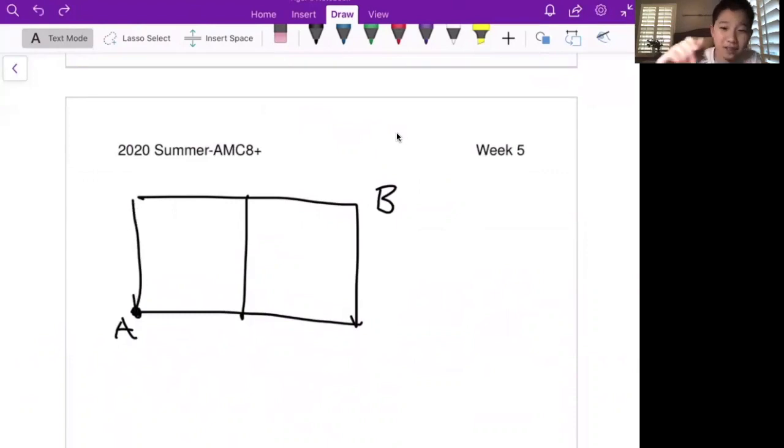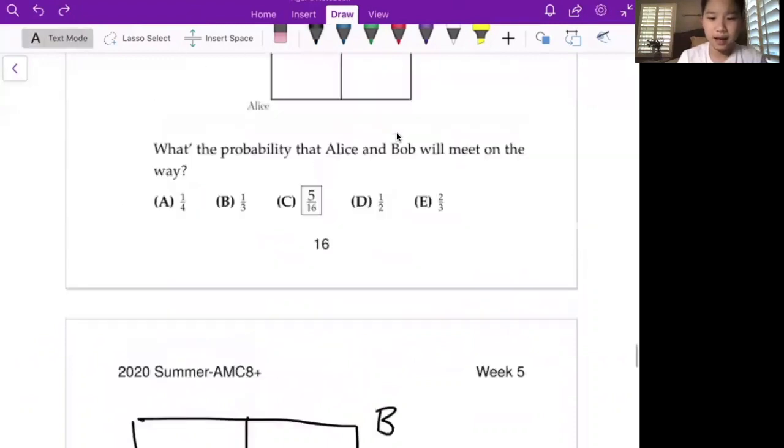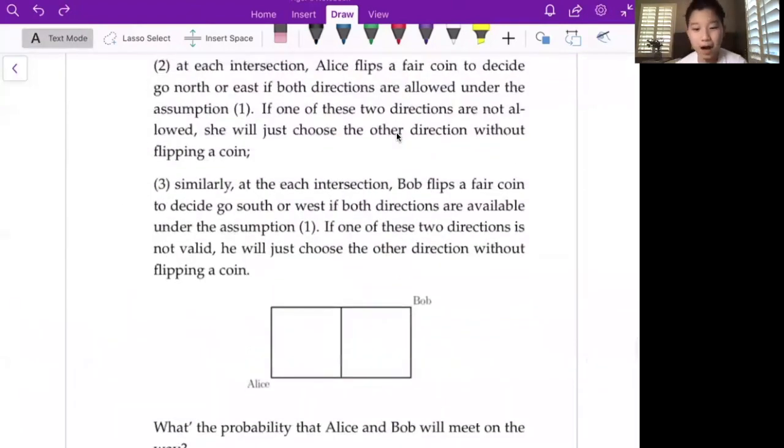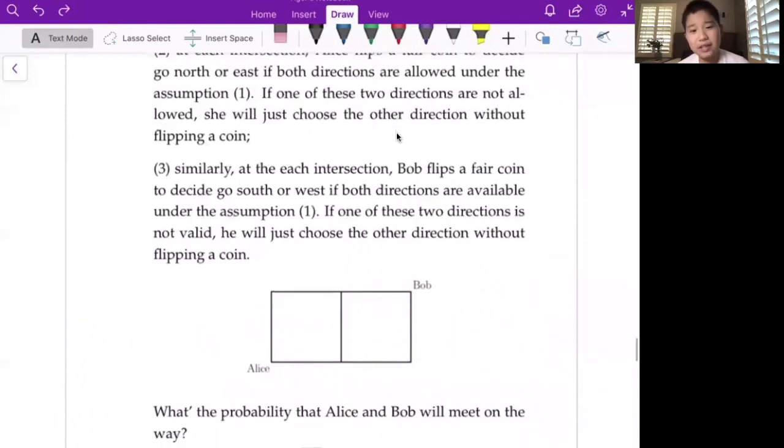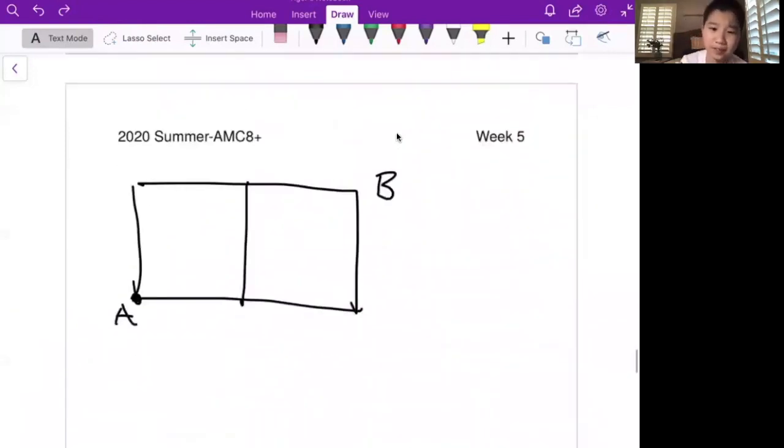And then if she doesn't have a choice on where to go, if she's right there, she has to go east, then she just won't flip a coin. And then the same thing for Bob, except he goes south or west, the opposite directions. He flips a coin whenever he has to, and whenever he can't decide, he'll just go the only direction he can go.